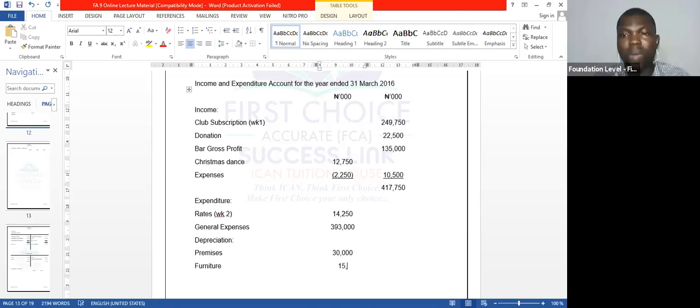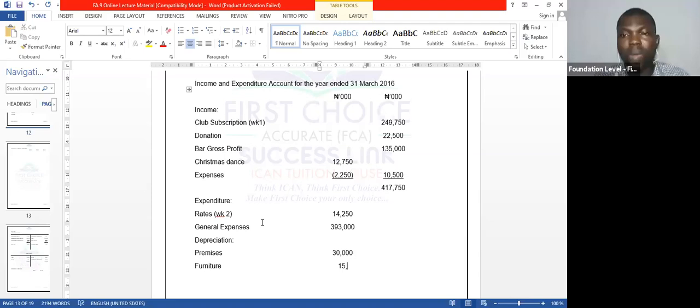So this is our total expenditure for the year. We need to add up to reduce our income. So let's do the addition of the four figures together. Let's press the calculator.